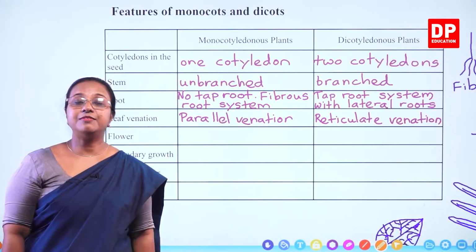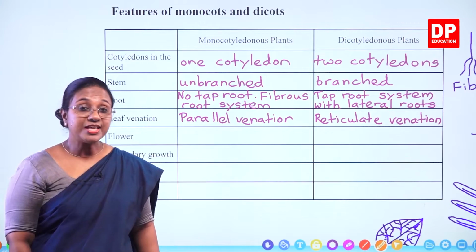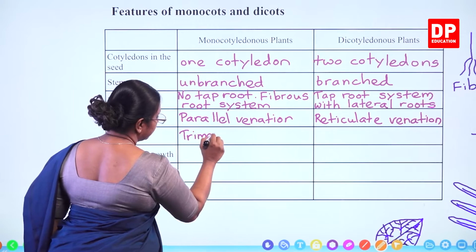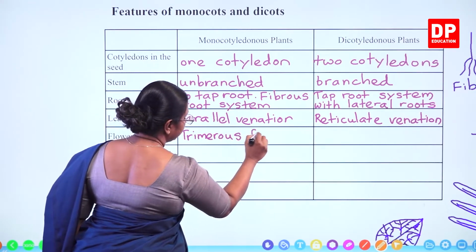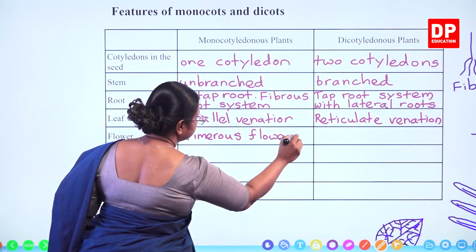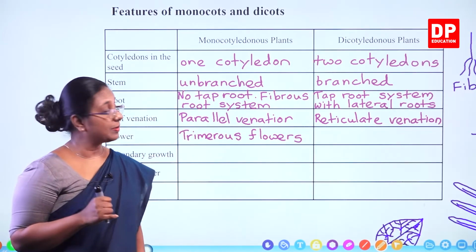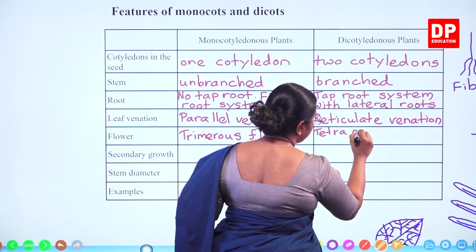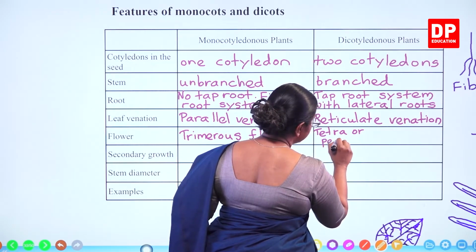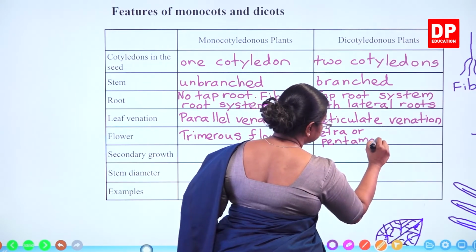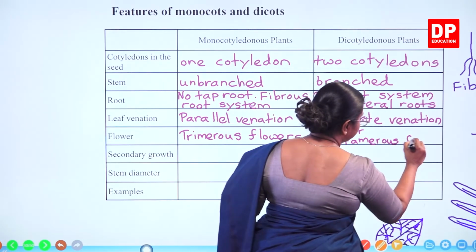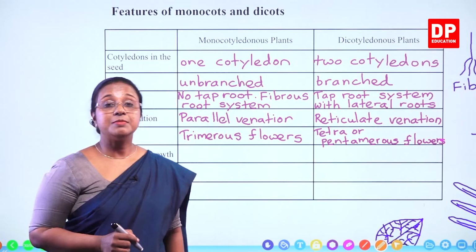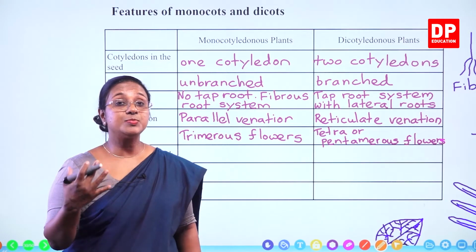Then if we take the flowers, the monocots have trimerous flowers. What are trimerous flowers? Whereas the dicot plants have tetra or pentamerous flowers. What is the meaning of trimerous, tetramerous, pentamerous?